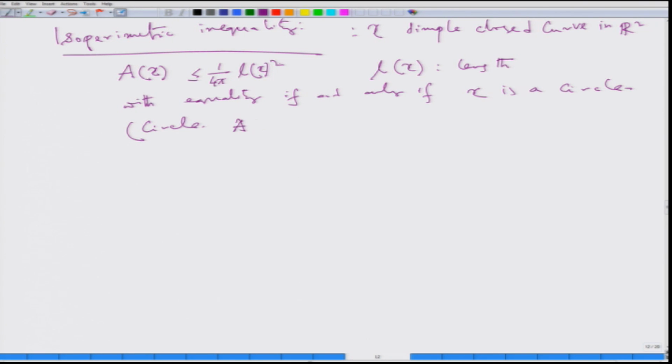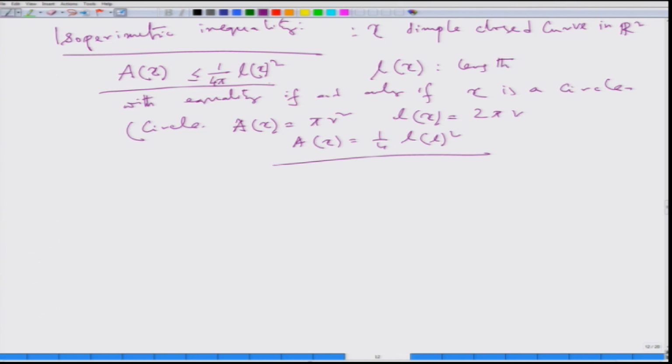See, for a circle, what is A gamma? This is pi r squared, right, and what is L gamma? This is 2 pi r. So, then A gamma equals 1 by 4 pi L gamma squared. This is the isoperimetric inequality.